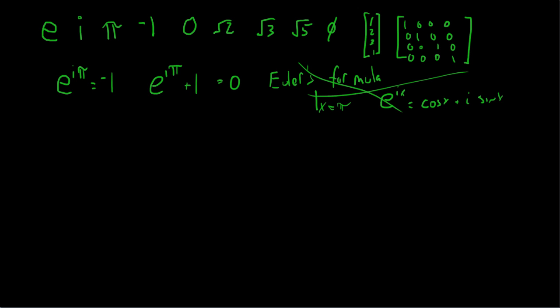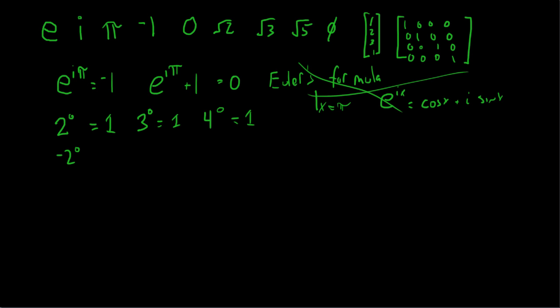For instance, a rule of any number to the 0 power, except for 0 of course, equaling 1 looks like this. 2 to the 0 power equals 1. 3 to the 0 power equals 1. 4 to the 0 power equals 1.